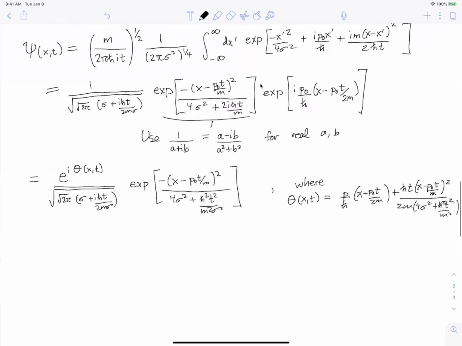Okay, so it's a little bit complicated, but the main point here is this is a phase.